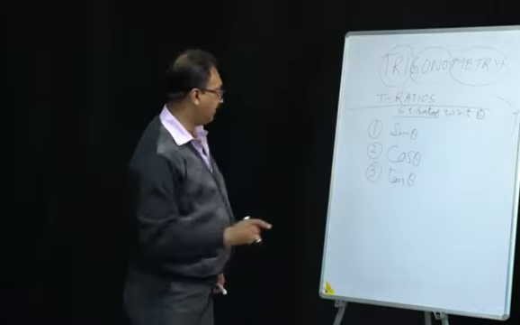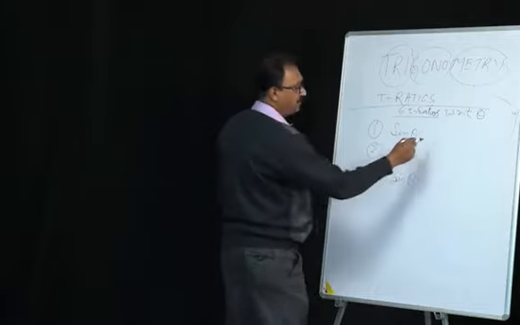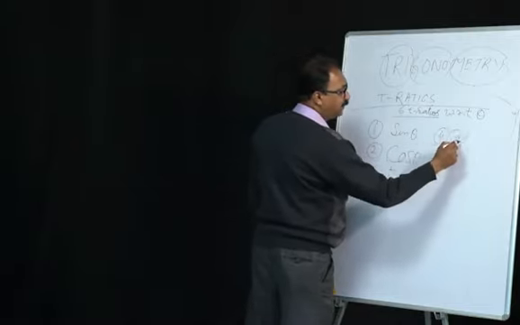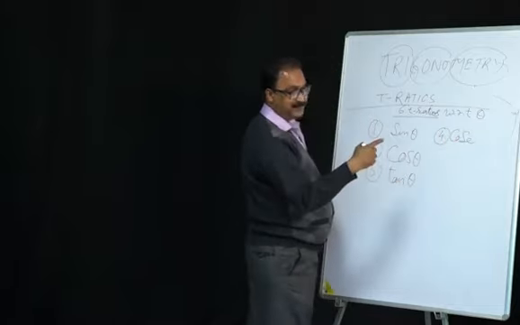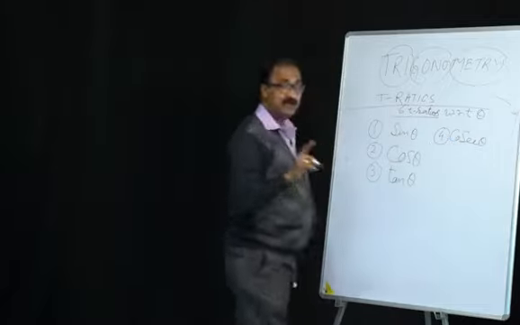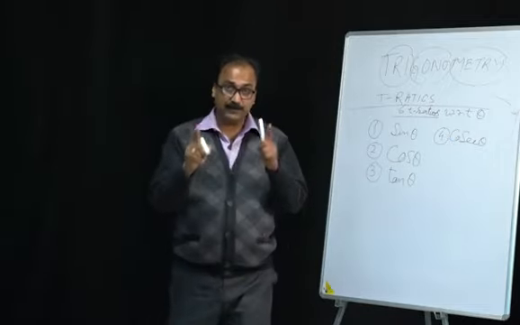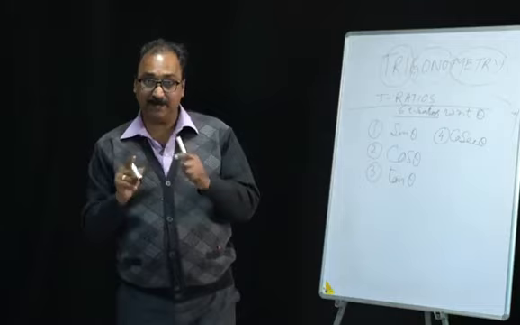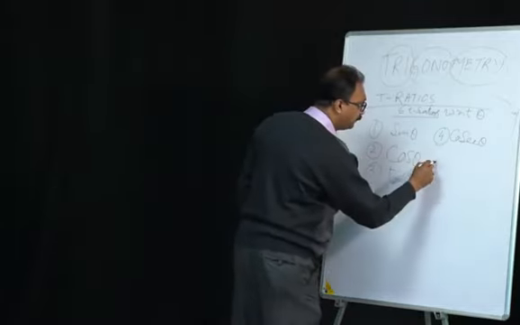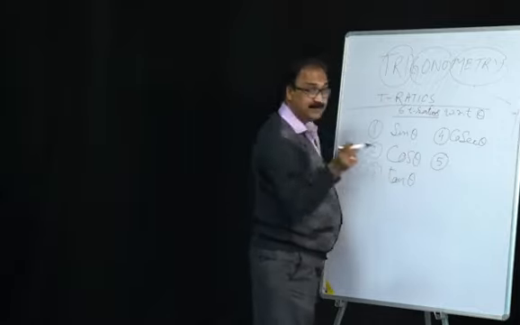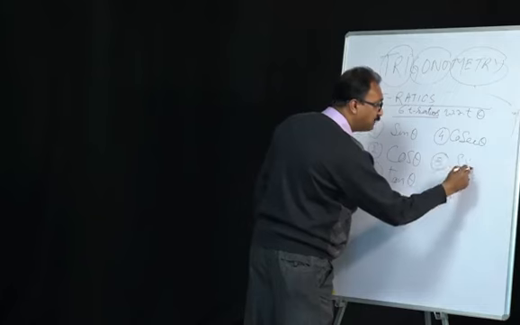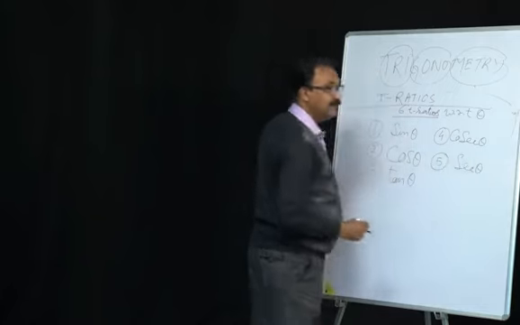Clear? Tan theta. The other 3: number 4, cosecant, COSECANT, but we use cosec. In short, cosec theta. Clear? Number 5, secant, S-E-C-A-N-T, but we use S-E-C, sec theta.